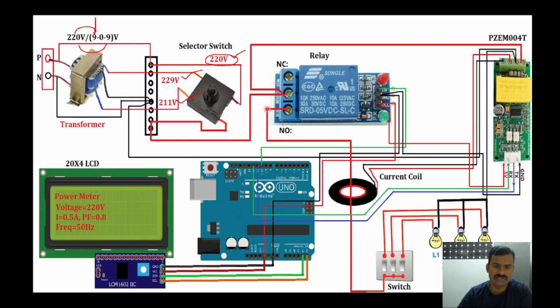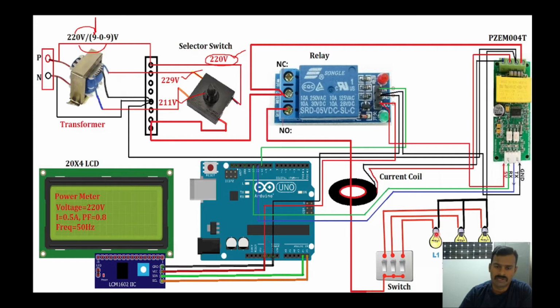If the voltage is at a normal state, the relay will be in on condition. That means the electrical supply which is coming from the transformer and from the distribution supply will be given to the load through the relay. So here the input is coming to this relay and it will be transferred here. It will go to the load using these control switches and to the load like this.